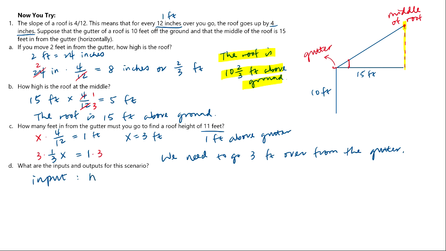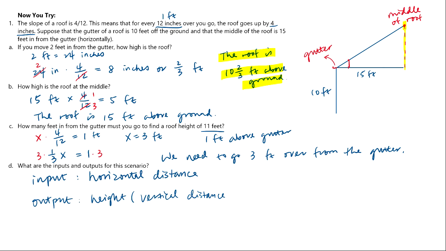And for the output, it's going to be the height. Technically, the height needs to consider the 10 feet as part of the final answer, but for what we are considering, the height or the vertical distance is the output for the function. Technically, it's a vertical distance above the gutter.